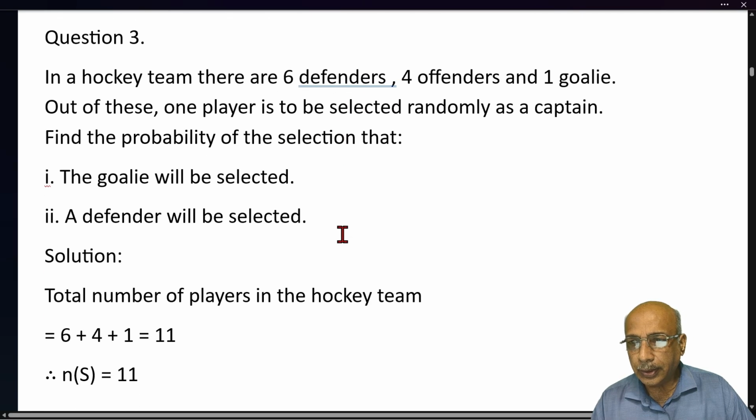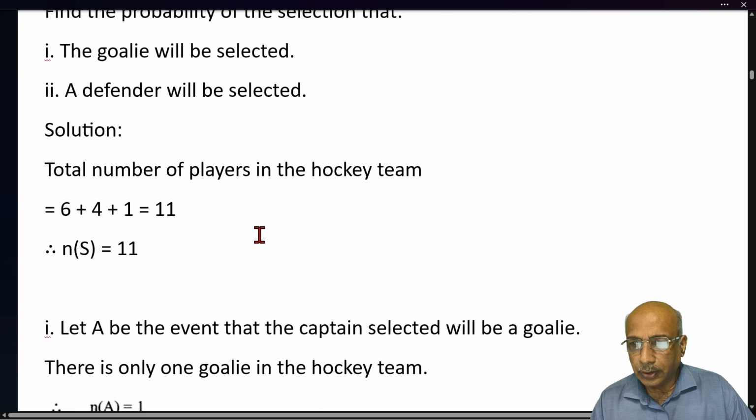Next question 3. In a hockey team, there are 6 defenders, 4 offenders and 1 goalie. Out of this, one player is to be selected randomly as a captain. Find the probability of the selection that the goalie will be selected. A defender will be selected. The total number of players in the hockey team are 6 plus 4 plus 1 equals 11.